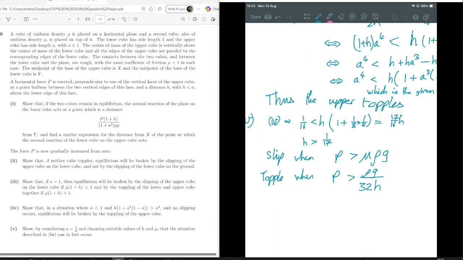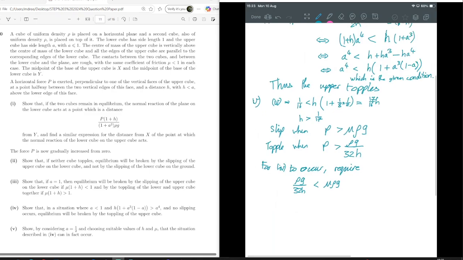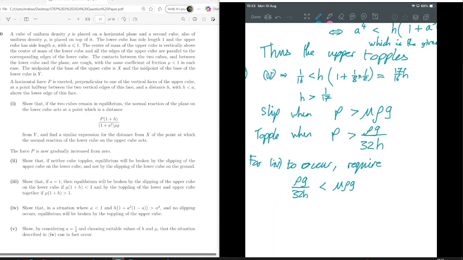So for IV to occur, we want to be toppling before we slide, so we require the toppling condition to be easier than the slipping condition, which is equivalent to saying that 1/32h is less than mu.